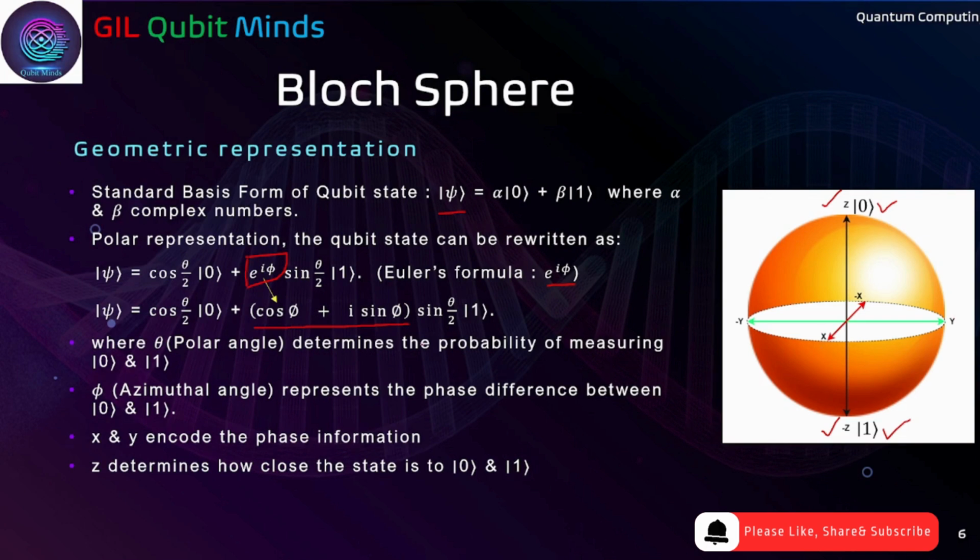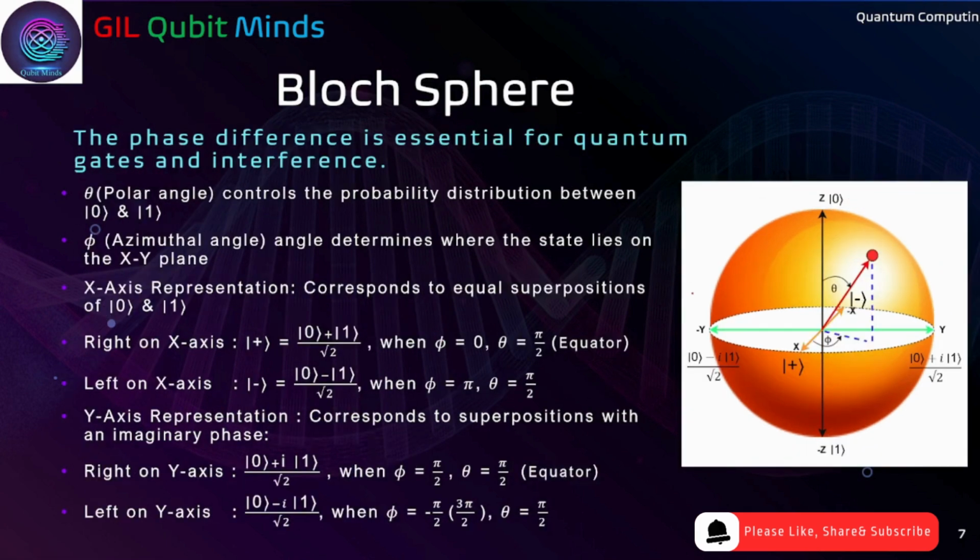Okay, we'll also see the azimuthal angle, the phase difference between 0 and 1. Theta is responsible for turning from 0 to 1, and the azimuthal phi is responsible for rotating towards the axis. So x and y give the phase information, and z determines how close the state is to 0 and 1.